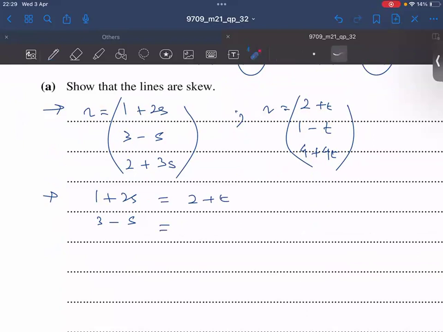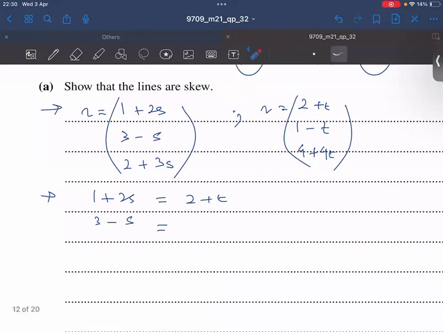If there is a point of intersection, then we would say that the lines are not skewed. But if there won't be a point of intersection, then we would say the lines are skewed. All right.